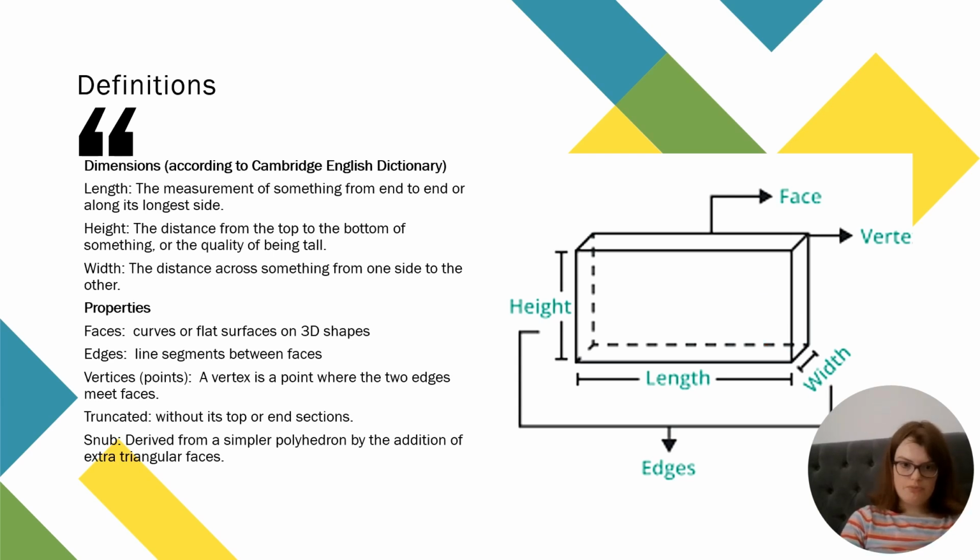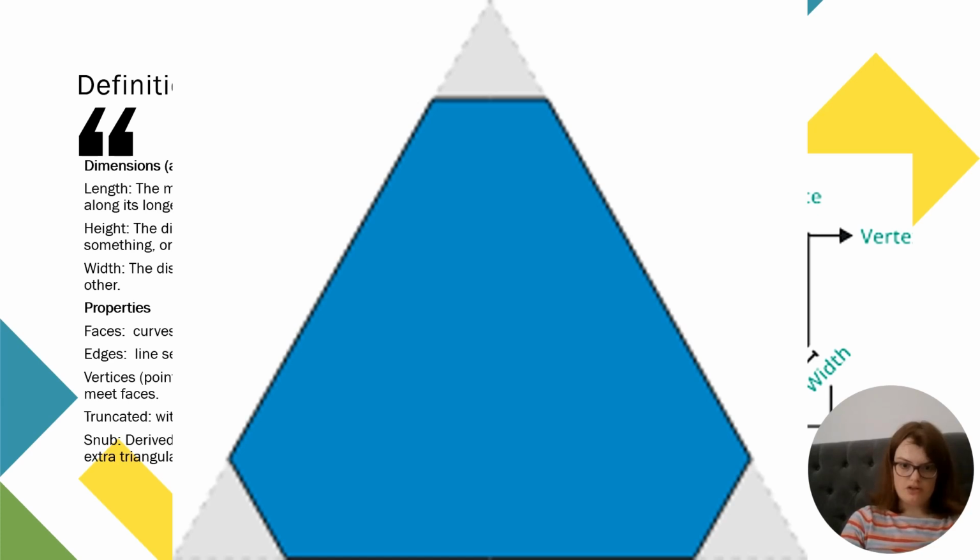In terms of properties, you've got the face, so this part. You've also got the edges, so those would be the height, length and width, and you've got the vertices or the corners, the points. You've also got truncated, which means that it's got without the top or the end sections.